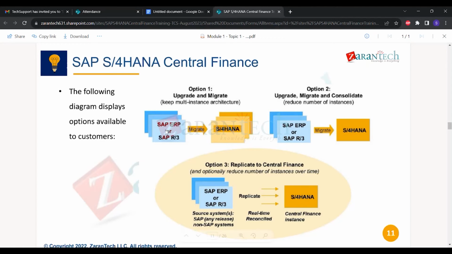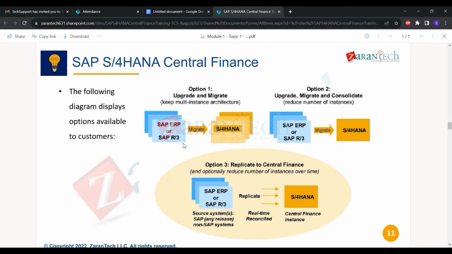One thing which I haven't covered: it seems that everywhere we have mentioned SAP ERP only, but if the business wants, can they do SAP ERP or S4 HANA to S4 HANA central finance? Yes, that is also possible. Let's say that we have multiple SAP ERPs and some entities have already migrated to S4 HANA on separate systems.